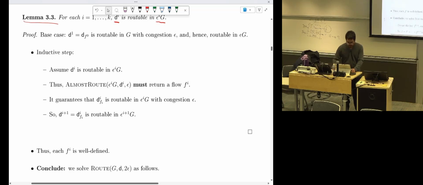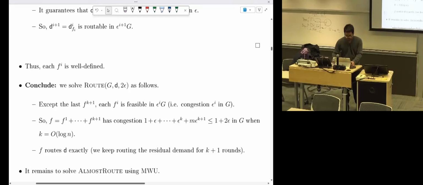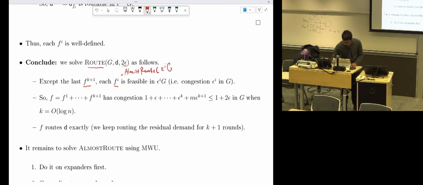And so now, to conclude, how did we solve route with slack to epsilon? Except the last one, we know that f_i is almost route of epsilon^i d, so it's feasible in this graph.